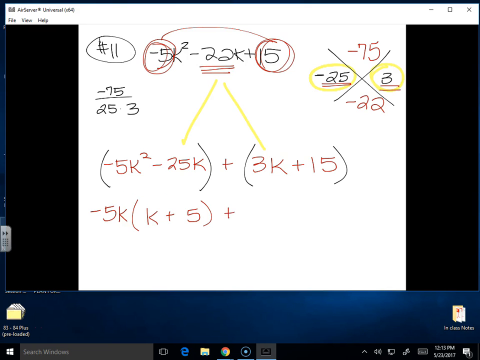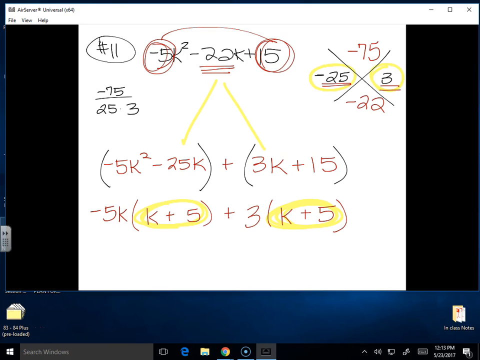Now we need to ask ourselves the same question. In the second group, is there anything in common? A 3. So what happens when we factor out a 3? If we pull away a 3, we have a k. And 3 times 5 is 15, so take away the 3, there's a 5 left. What do you guys notice after we did grouping? They're the same. And what can we do if they're the same?